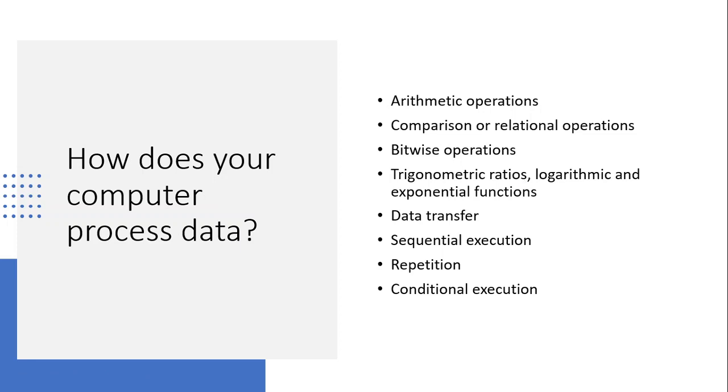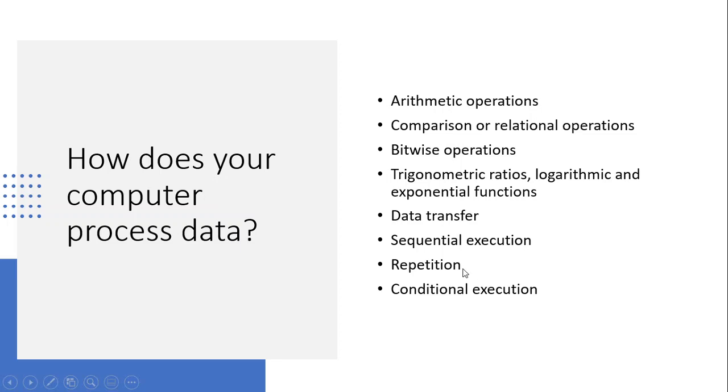So the Windows operating system that I have on this computer basically assigns different programs to those different cores that I have. Okay, so a computer can do sequential execution as well as parallel execution, but whenever a computer is executing a program, it executes that program sequentially. So the first instruction is executed first, then the next one, then the next one, and then the next one.